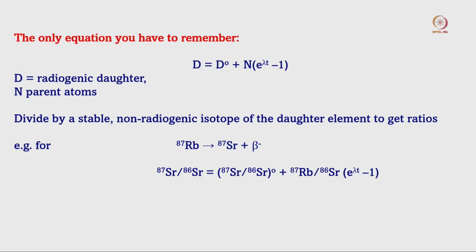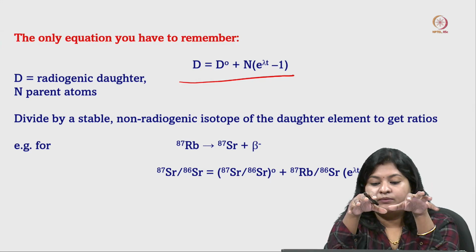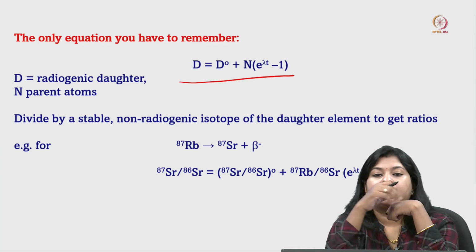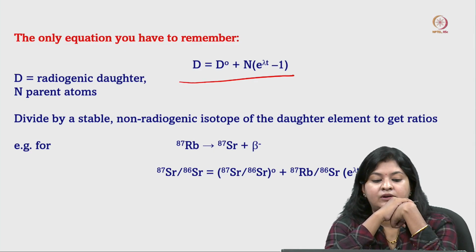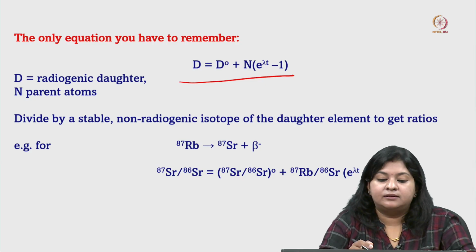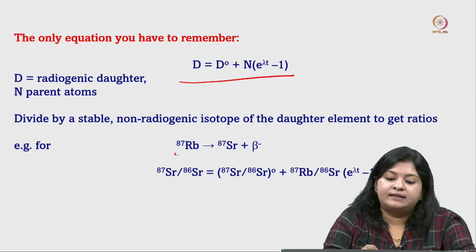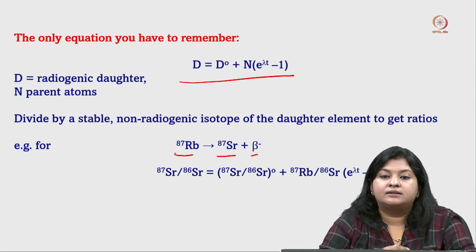So, the equation you have to remember is only this one, where D is equal to D0 plus n into e to the power lambda t minus 1, an extremely important equation, because this is how we write a radioactive decay equation. For example, if we are looking at this system of 87 rubidium decaying into 87 strontium plus an electron, which is basically a beta decay, how do we write it?